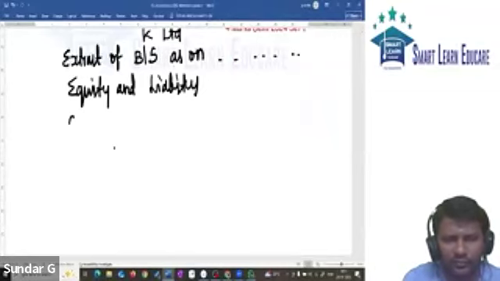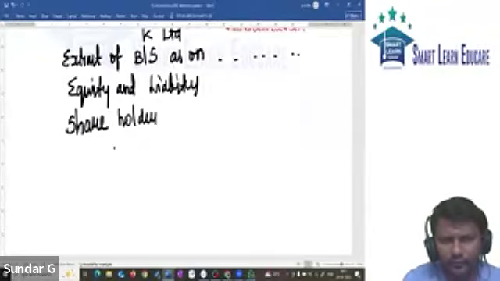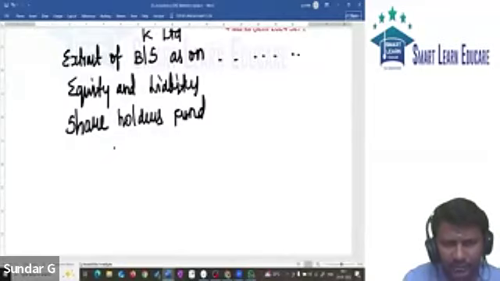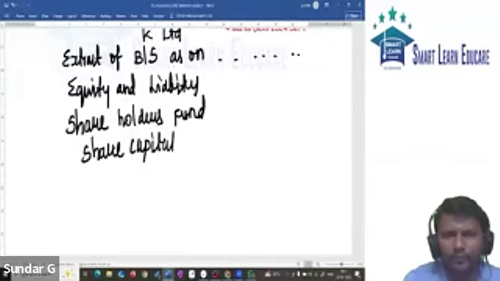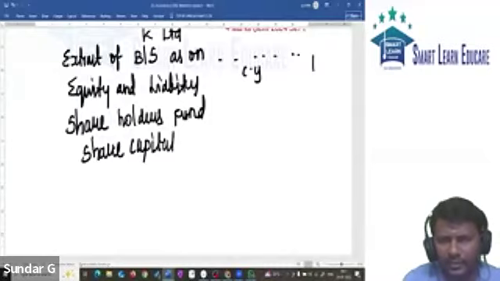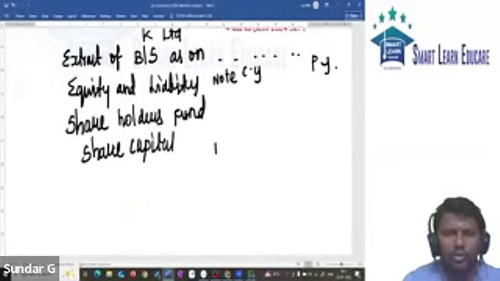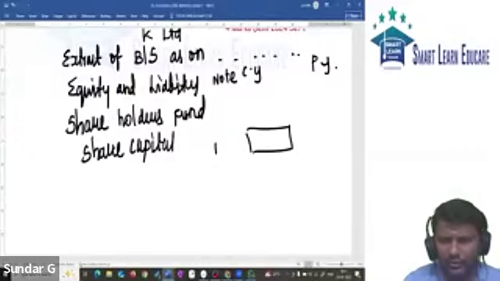In that, first one, shareholders' funds, and below that, share capital. Current year, previous year, note number. Note number 1, the notes to accounts order number. This is what we are going to write.